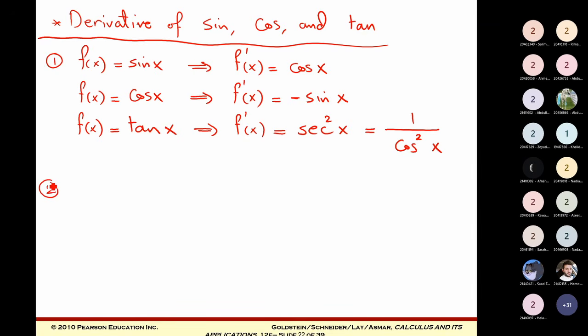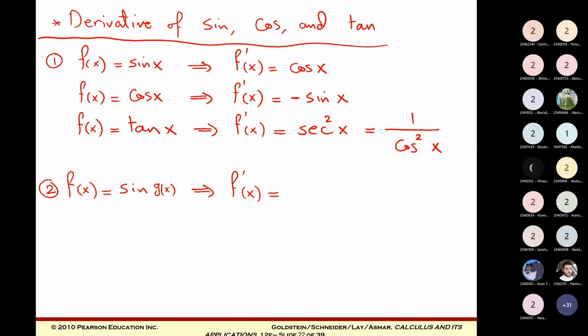Number two, if we have a coefficient in x, for example sine ax, or in general sine g of x. So f prime of x equal what?